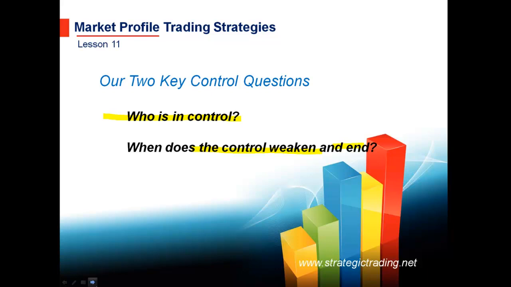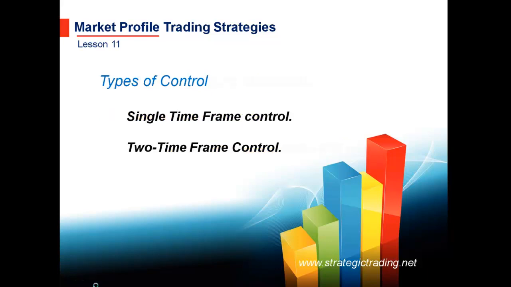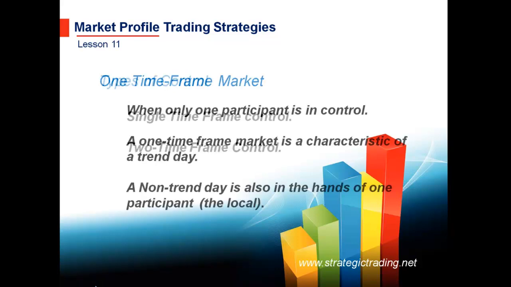All right, so how do we find out who is in control? First of all, we know that we can have single time frame control, where one of the two, either the other time frame trader or the short-term trader, is in control, or we can have both of them exercising control in the market.